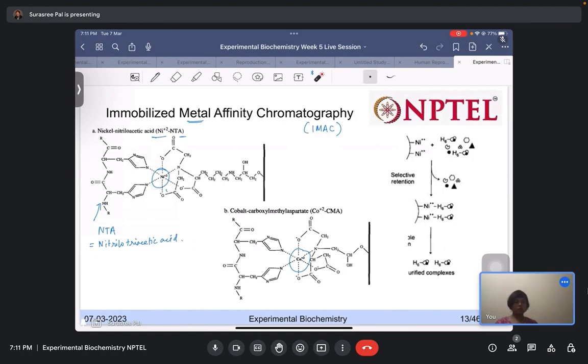For this type of immobilized metal affinity chromatography, we express our proteins with a 6x histidine tag. So what is that? This is a tag which expresses 6 consecutive histidine residues on the N-terminal or the C-terminal of the protein.